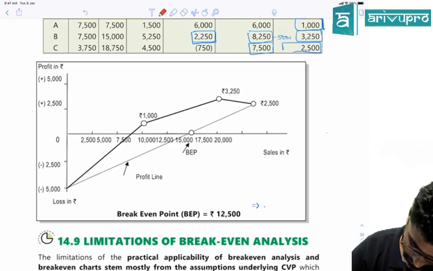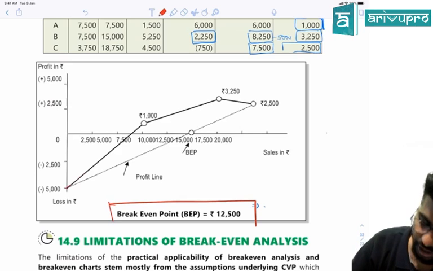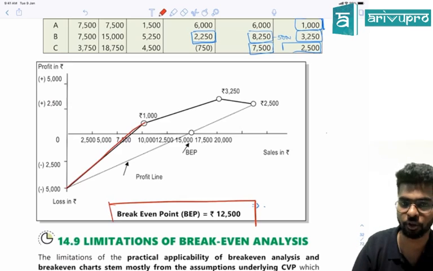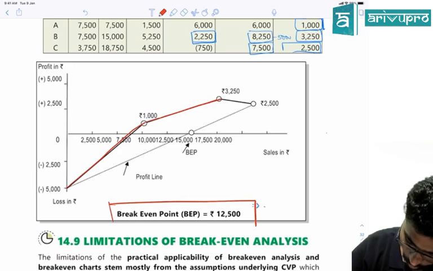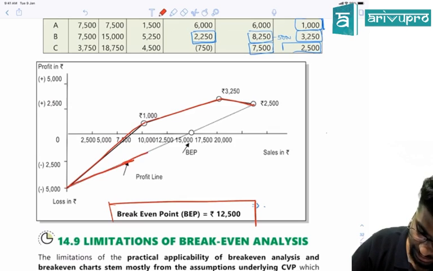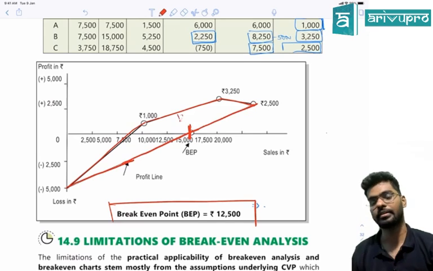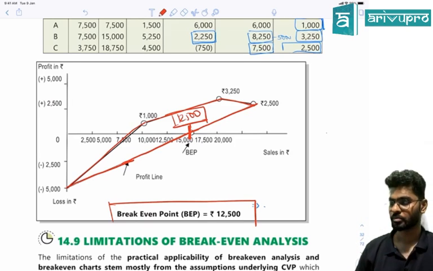So first unit I made 1000 profit, then 3250, then it dropped to 2250. When I draw a graph line for all the three profit lines, it will touch my x-axis at 12,500 because that's my break even point. Are you clear? Everyone, are you clear?